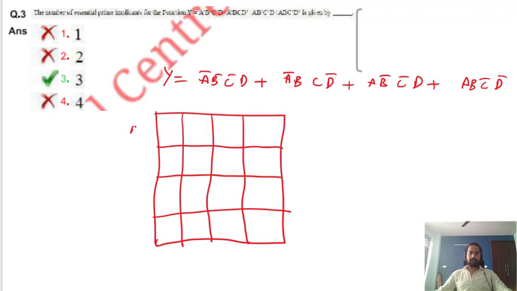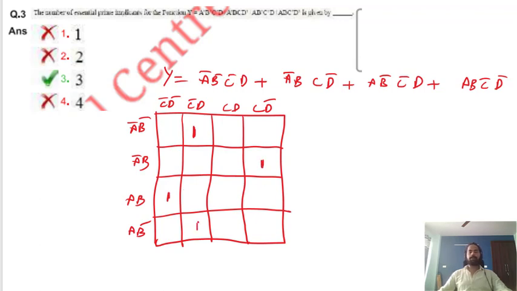This is a bar b bar, this is a bar b, this is ab, and this is ab bar. This is c bar d bar, this is c bar d, this is cd, and this is cd bar. So this is a bar, b bar, c bar, d. I am marking all the Boolean expressions: 1, 1, 1, and this one also 1.